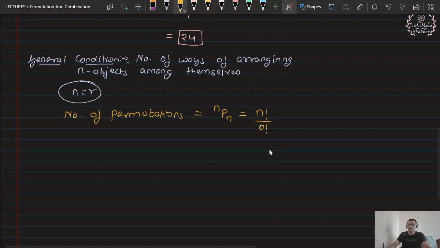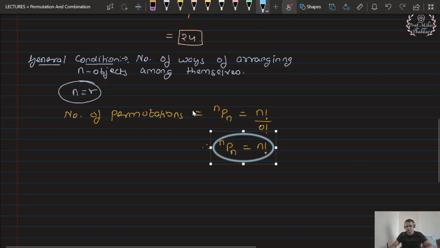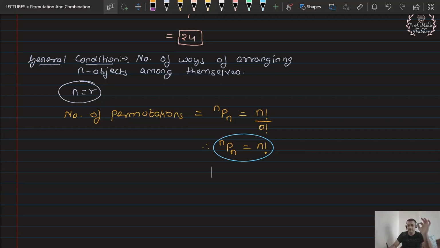And just now as I told you that 0 factorial is always equal to 1, therefore nPn is equal to n factorial upon 1, which is just equal to n factorial. So this is a very important point that we need to remember. In general, when the number of objects and number of places are equal, nPr is exactly equal to nPn.